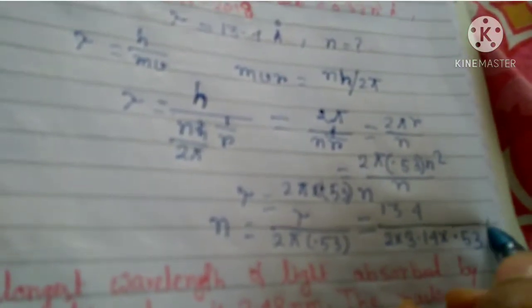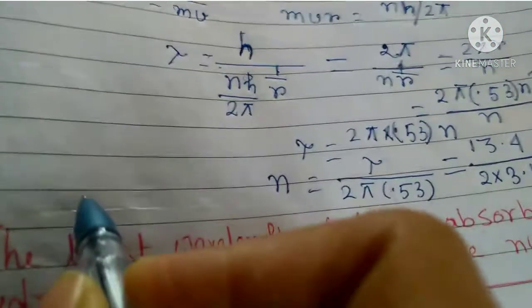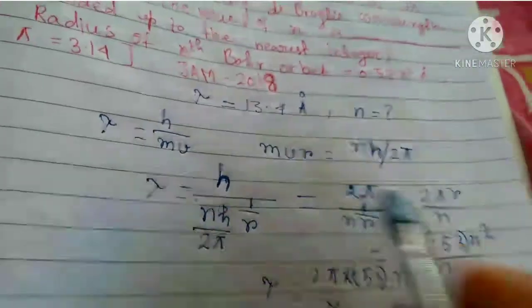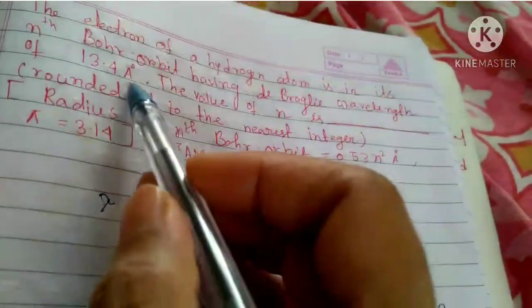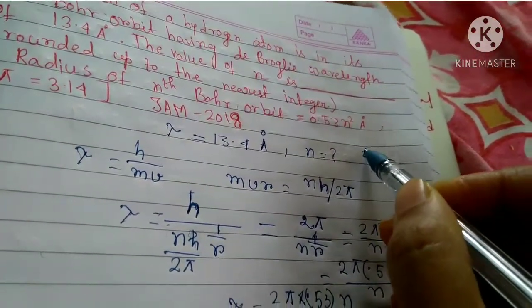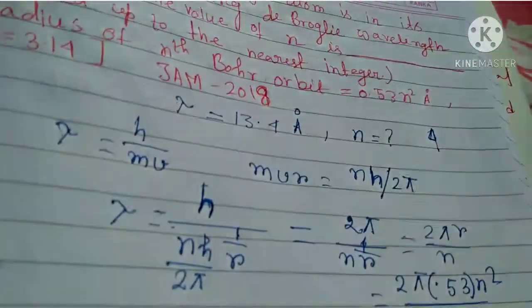That is almost n equals to 4. So that nth level, n is equal to 4. Okay, n is equal to 4.